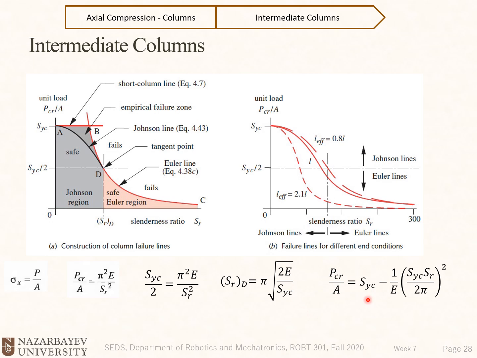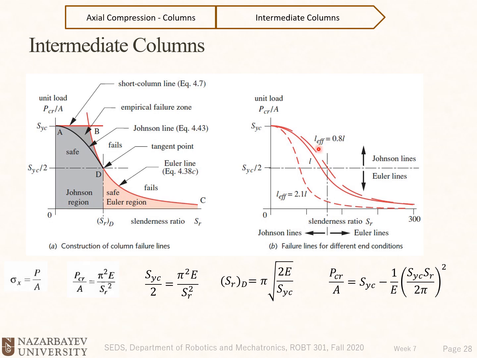This is the Johnson formula that shows the safe region even for the experimental columns. So if we follow the Johnson formula and calculate P critical, then not only in theory but also in practice, the column will be safe.